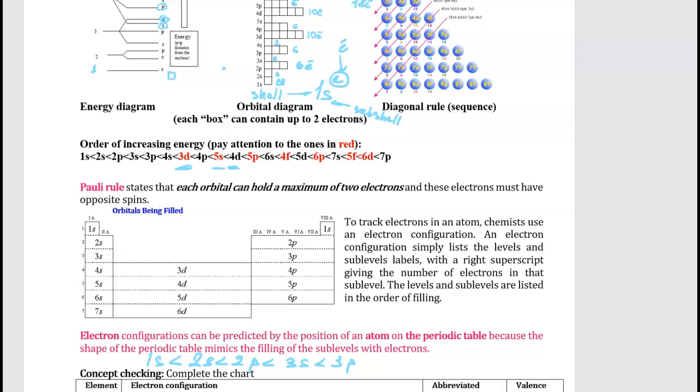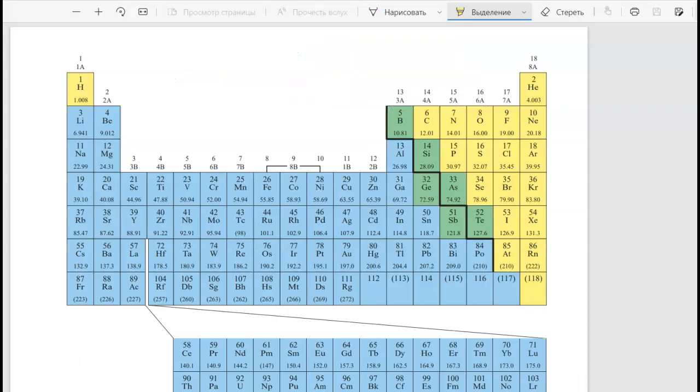Each element with an s subshell being built is located in the 1A and 2A groups of the periodic table, right? And we can see it here. So hydrogen, lithium, beryllium, sodium, magnesium, potassium, calcium.